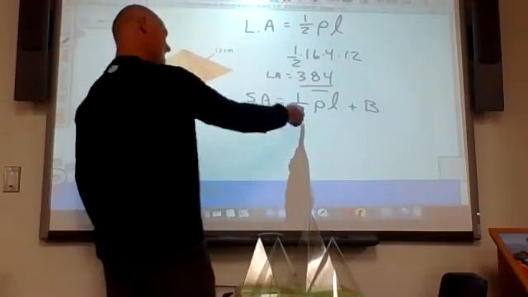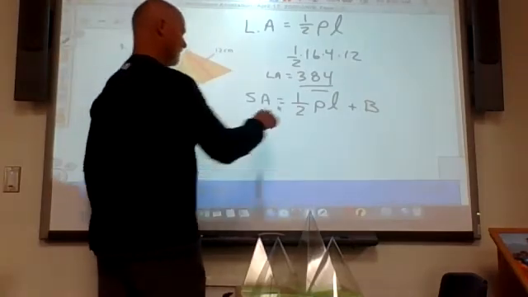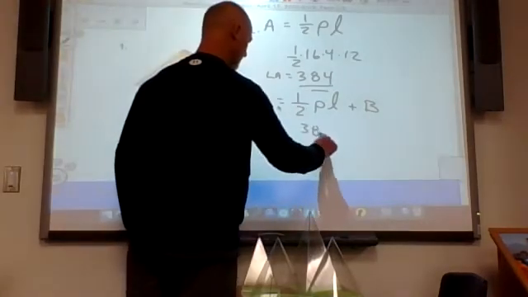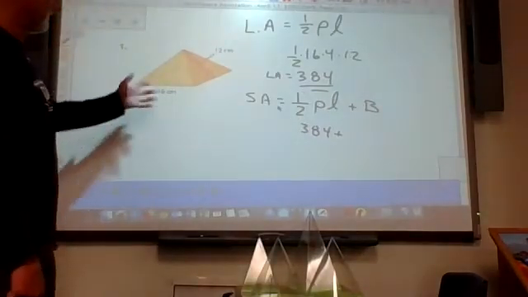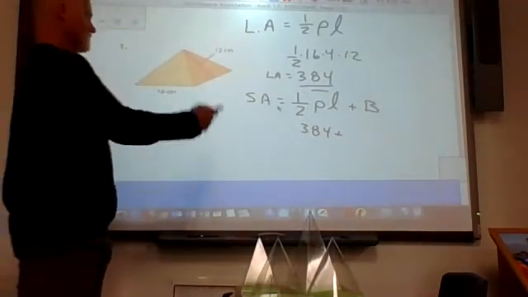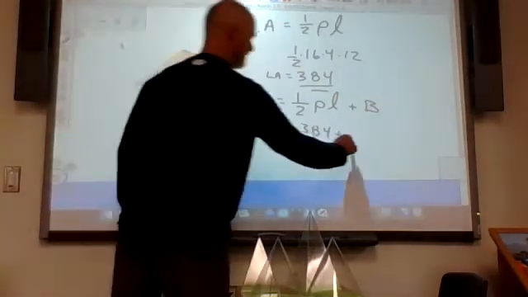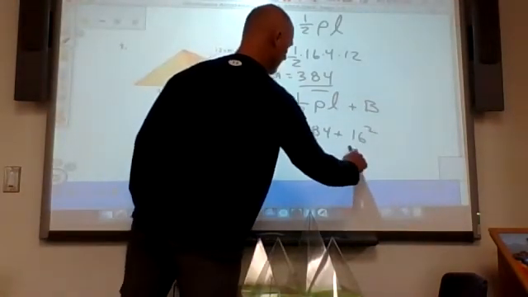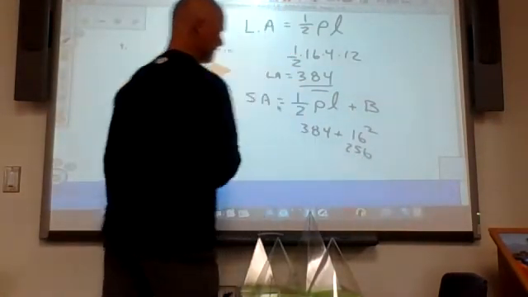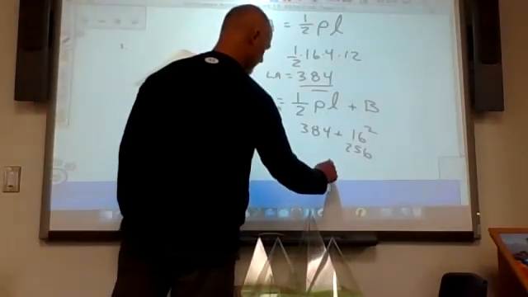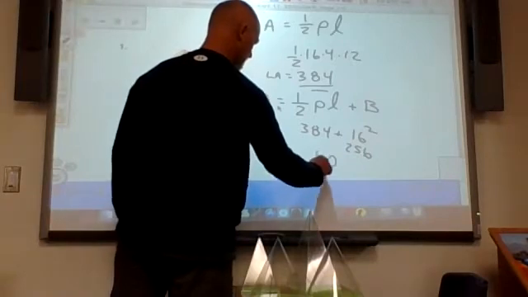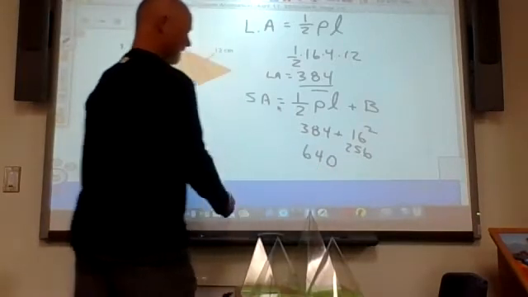Now, do I need to recalculate it? I don't know. I'm just going to go 384 here, and then I'm going to add to it one of the base areas. Now, it's a square on the bottom. So the area is nothing more than the side squared. So 16 squared, that's 256. So when I add those together, I'm going to get 640.